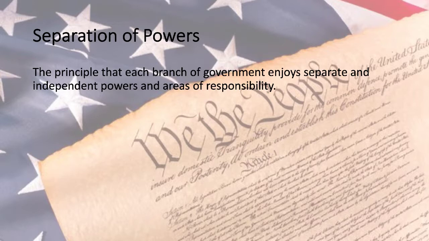Instead, the U.S. Constitution divides power into the executive branch, the legislative branch, and the judicial branch. Each branch has its own unique responsibilities and powers, including powers over the other branches. These branches are described in Articles 1, 2, and 3 of the Constitution.